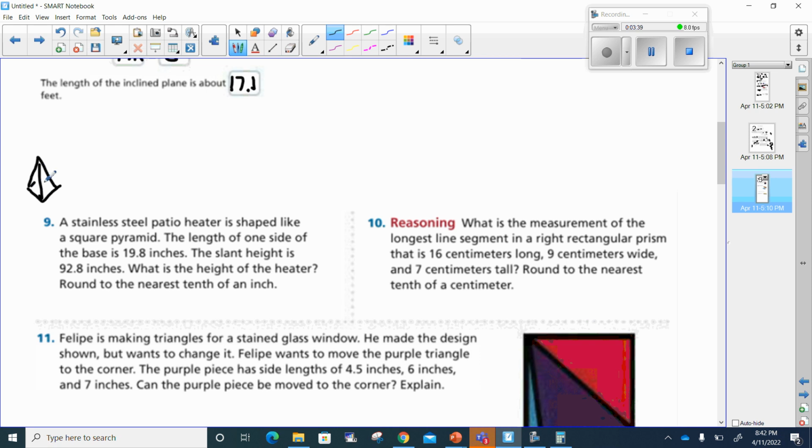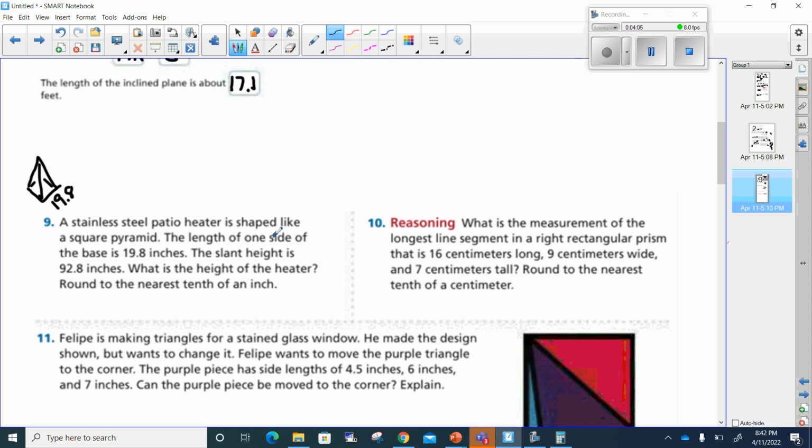So we know this bottom is going to come about like that. And it says the length of one side of the base is 19.8. Since it's a square, we know that all the sides must be 19.8.